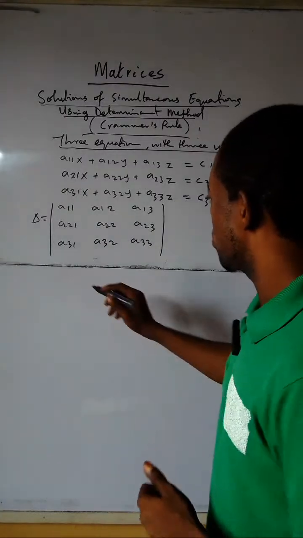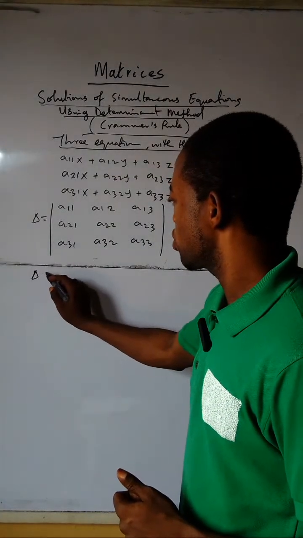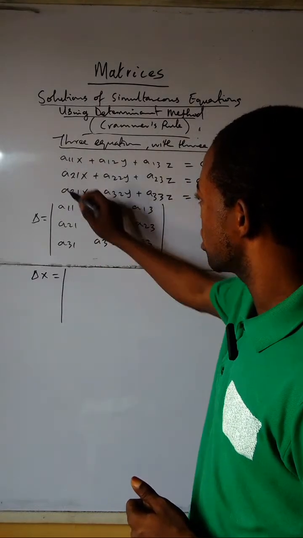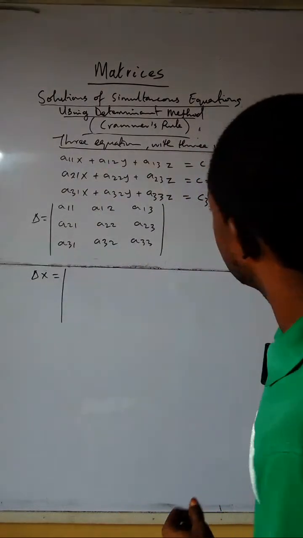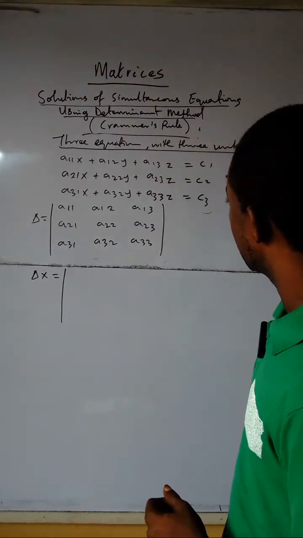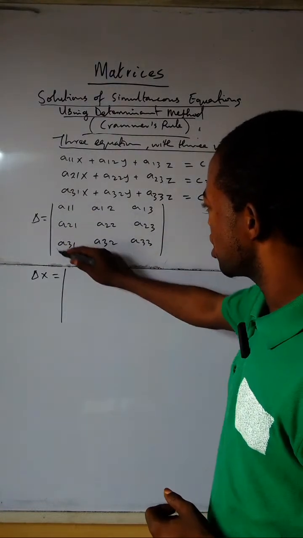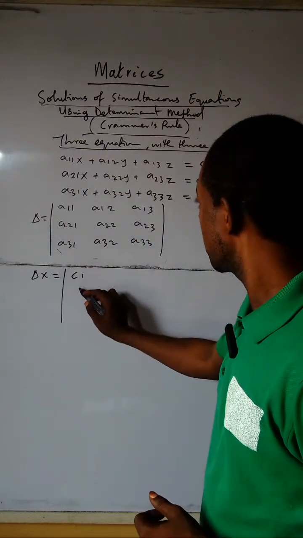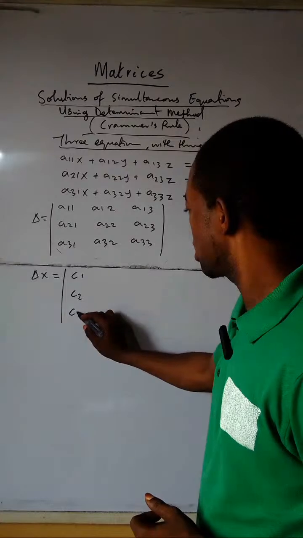Then the next thing is to find the determinant with respect to x. Now here it means the first column, which is standing for x, is going to be replaced with the constants on the right hand side. So replace everything on this column, and this column will be c1, c2, c3 now.